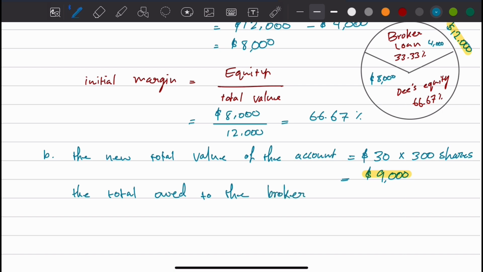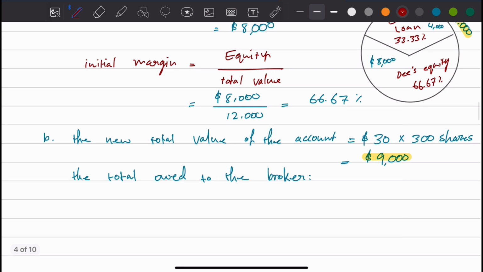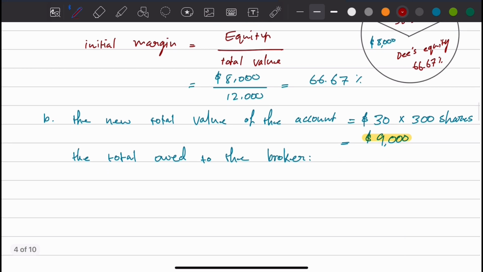We found the total value of the portfolio after the price reduction. Now we want to see how much the investor would owe to the broker. And we're going to follow the following formula. We'll take the principal of the loan and then multiply it by 1 plus the interest rate. What was the principal?